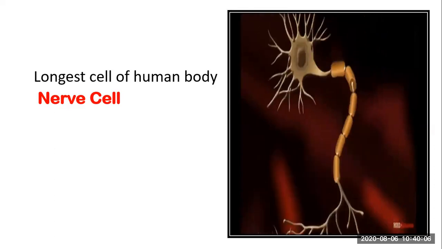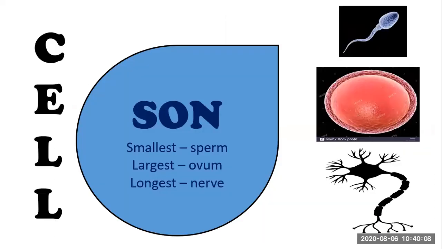This is the longest cell in the human body, so you can remember it very easily, and it is very commonly asked in competitive exams also. You can remember it with the mnemonic SON. Smallest sperm, largest ovum, and the longest is the nerve. So you can see sperm, ovum, and the nerve.